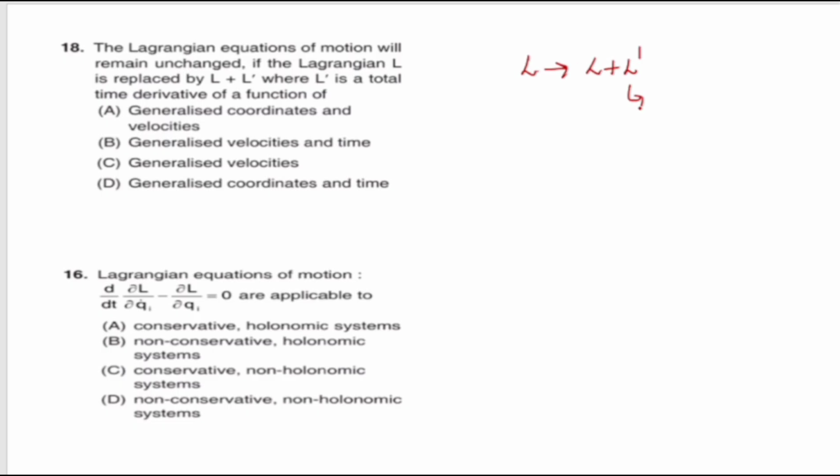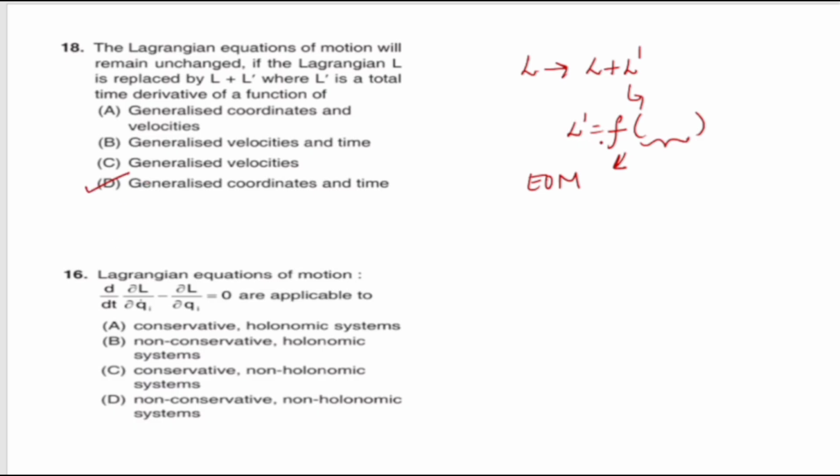They have said this L prime is a function of what, so that the equation of motion will remain unchanged. They have given the options: generalized coordinates and velocity and time, generalized velocity, or generalized coordinate and time. I will say option D is the right answer.